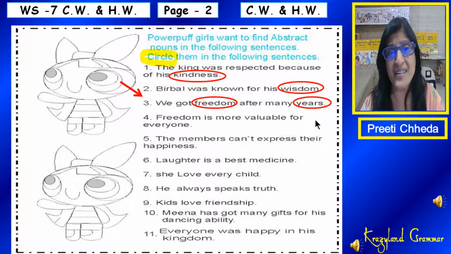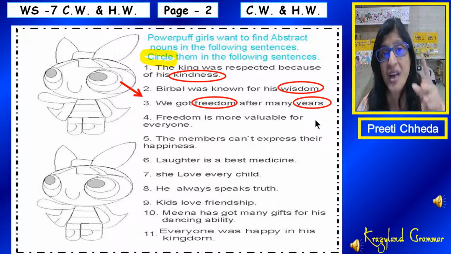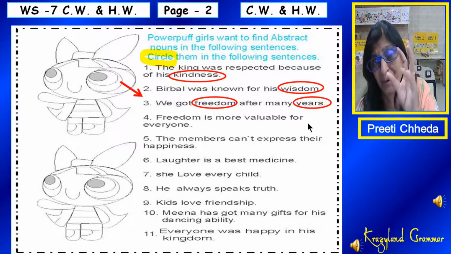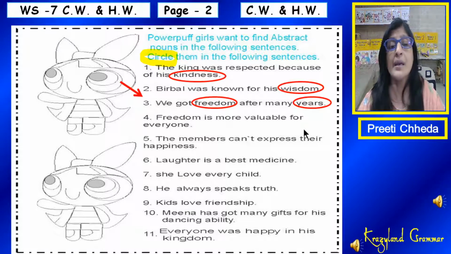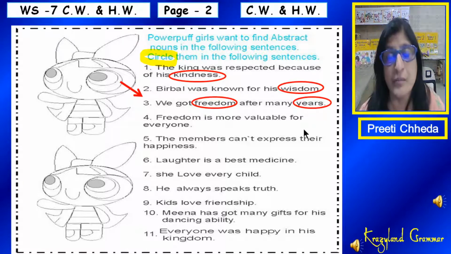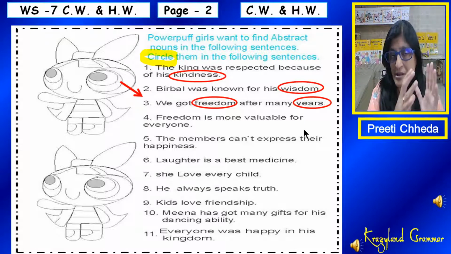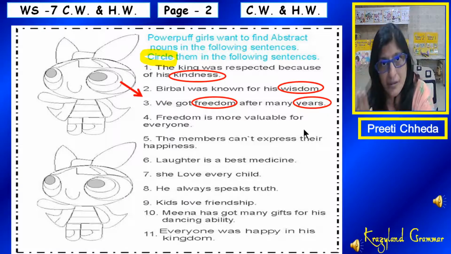So you can have a countable abstract noun. But it is a time. So the concept of time is an abstract noun. It is a common countable abstract noun.